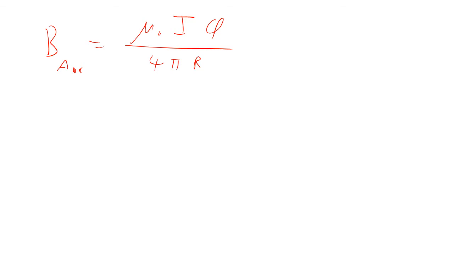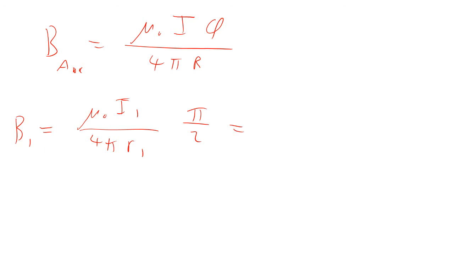Okay, so B1, okay, that's going to be mu naught I1, okay, divided by 4 pi R1. Okay, now the angle is 90 degrees, so that is pi over 2.